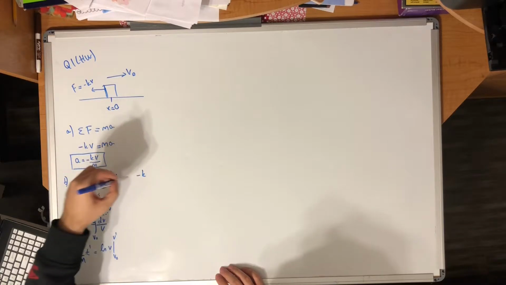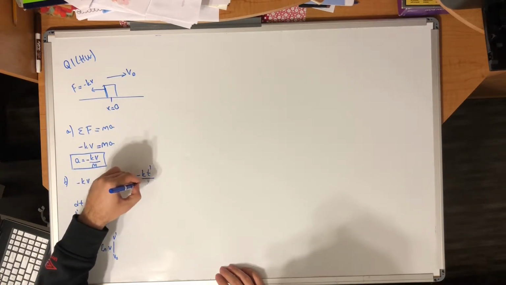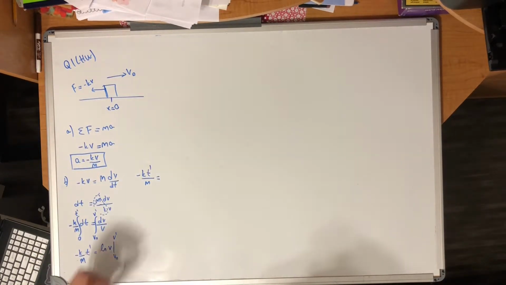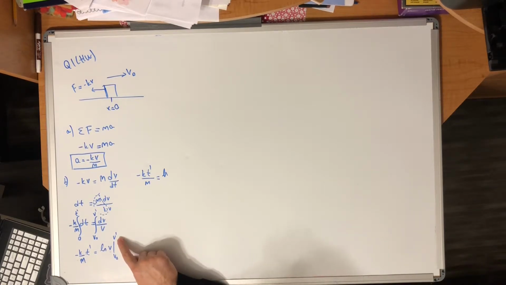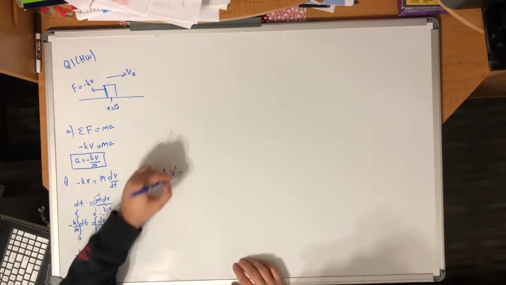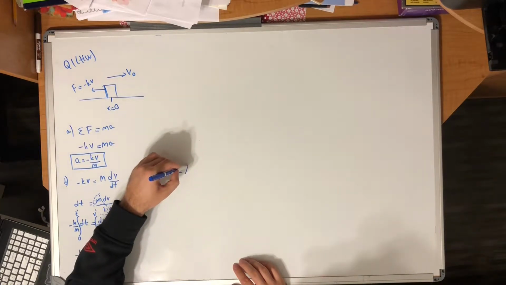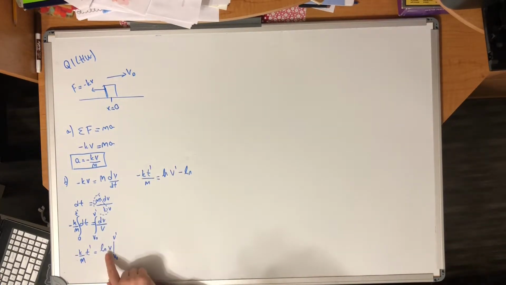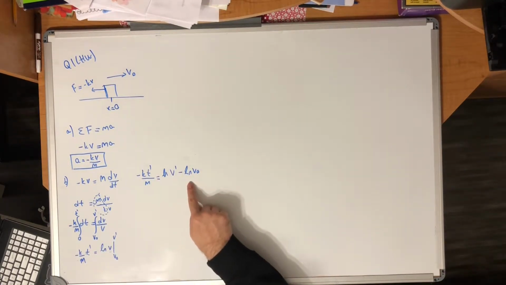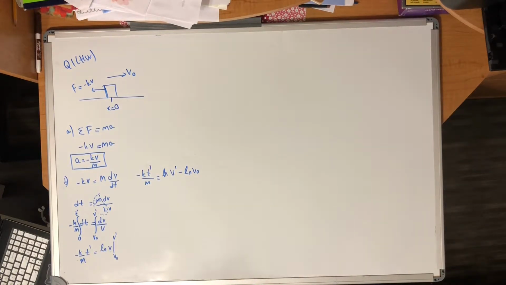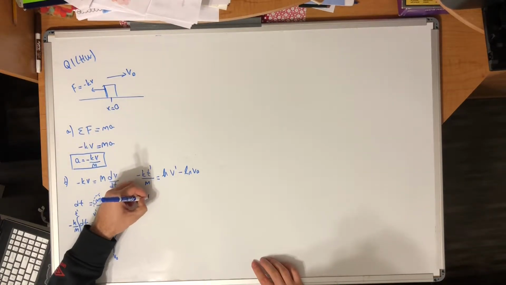Negative k t prime over m is equal to ln, and I only have one variable, so I substitute with the upper boundary, which is v prime, minus ln, and you substitute this v with the lower boundary, which is v0. Now you have ln v prime minus ln v0, which means we can write this down as one ln function. And how is it going to look like?